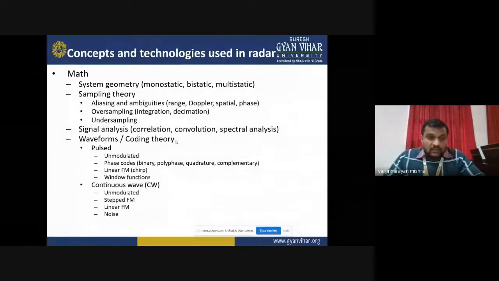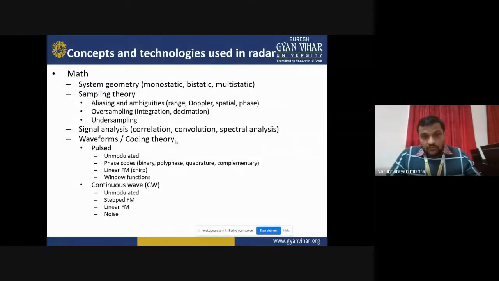Okay, so there may be two types of radar system, monostatic and bistatic. In most cases in spaceborne remote sensing technology, we are using a monostatic radar system. That is where the transmitter and receiver are two different components. But in the bistatic, we use the same setup as the transmitter and the receiver.